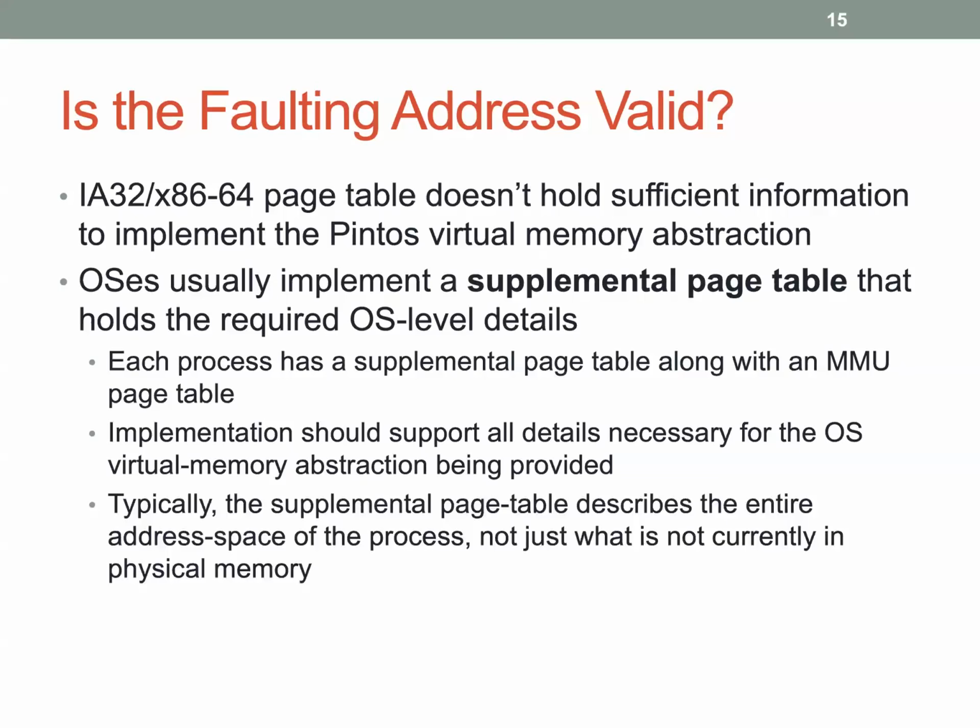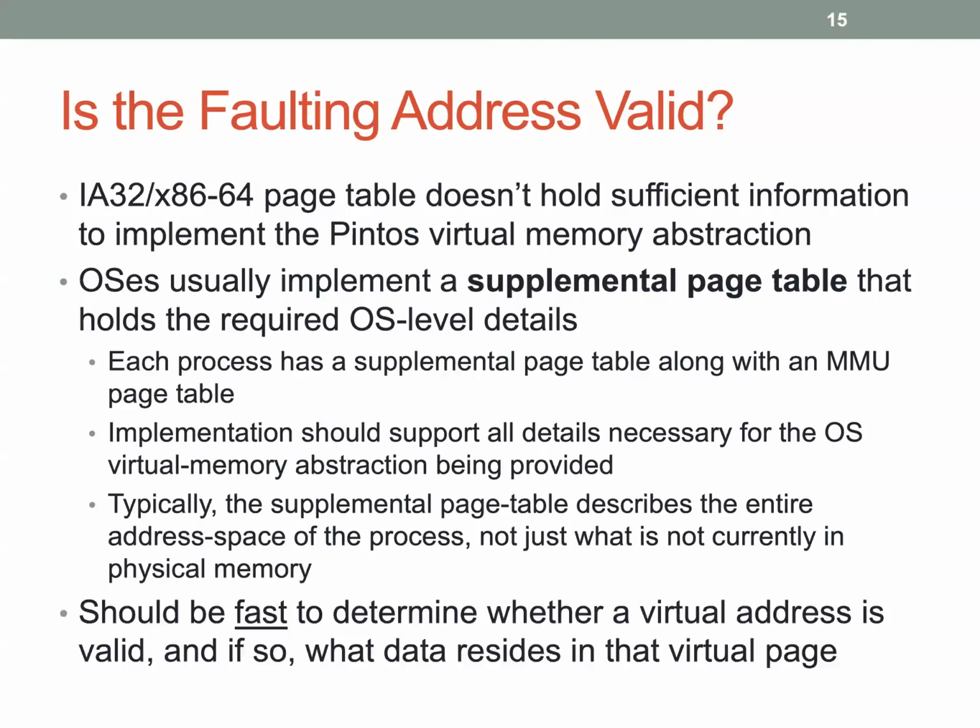The supplemental page table should describe the entire user address space of the process, not just what is currently paged in, because you also need to know if something is on the swap device and that the address range is in fact valid. If we have a fault in that address range, we can get the data from swap. It should be fast.